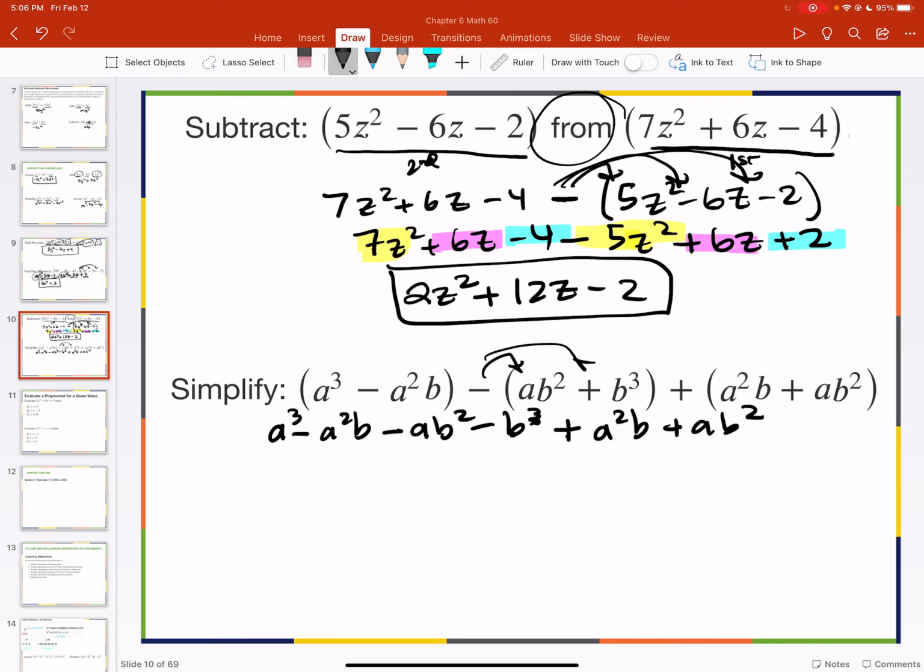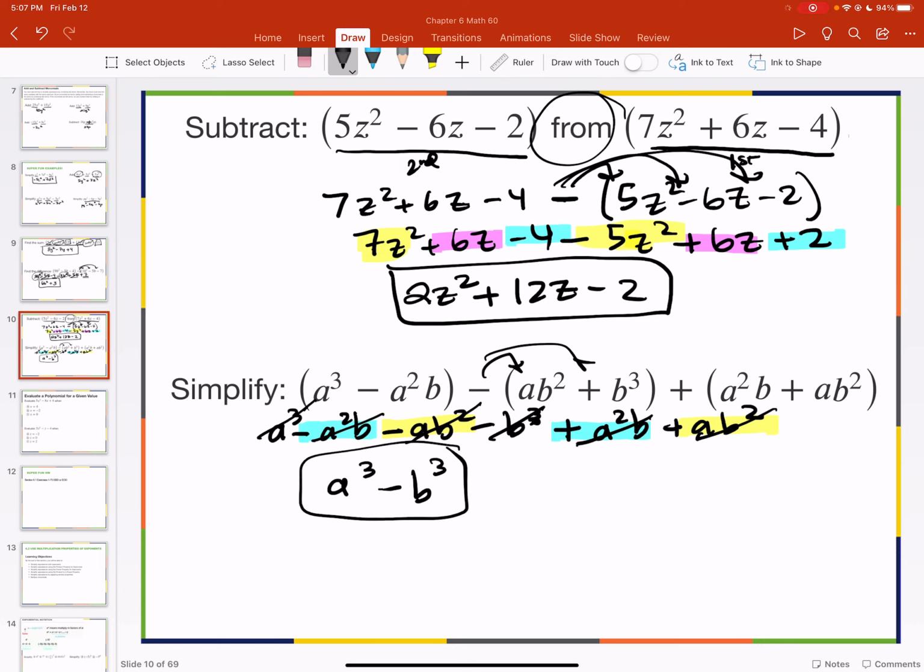So then we have a cubed, right? There's no other a cubes. Okay, fine. Then I have an a squared b here and an a squared b here. They cancel each other out because one's positive and one's negative. Then I have a negative ab squared here and a positive ab squared here. So they also cancel each other out. So then finally, I'm just left with the minus b cubed. So that's it for this one.